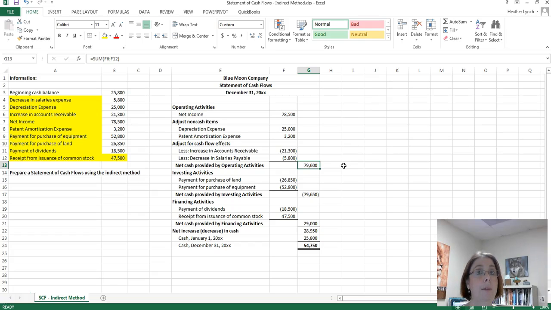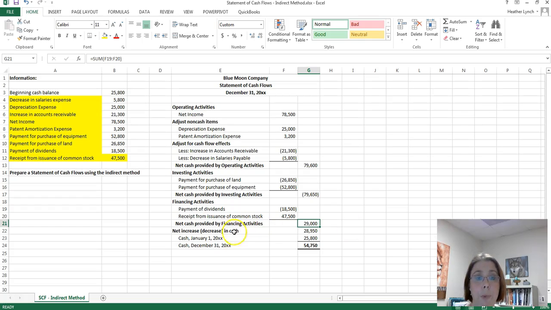If you have negative, that means you're overspending. You're not making enough on your operating activities. Investing, that is okay to be negative because it means you are investing in your company. You're making it grow. Financing activities, this can be either positive or negative depending on what you're doing at this point in time.